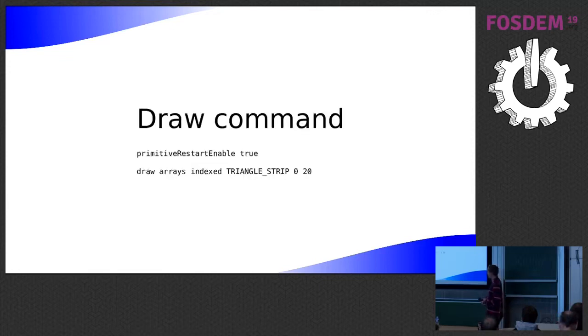So then in the test section, to combine that vertex data with the indices and actually draw something, you can just use the draw arrays command. You can say indexed to use the index buffer, and then you can set the topology using the GL enum.